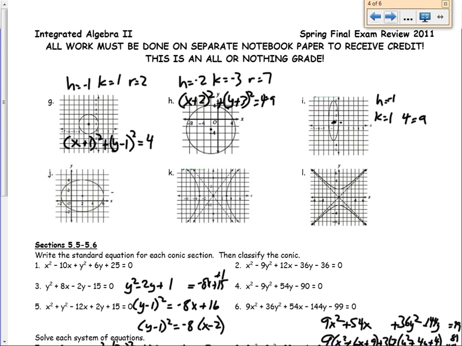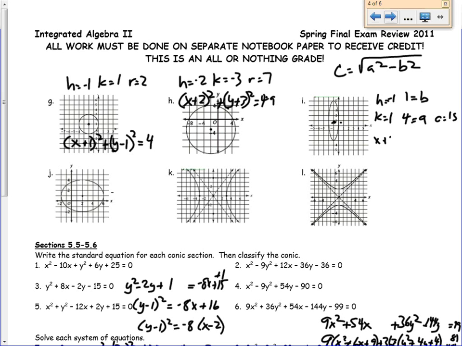Count. 1. So B is going to be 1. 16 minus 1, C is 15. C is the square root of A squared minus B squared.